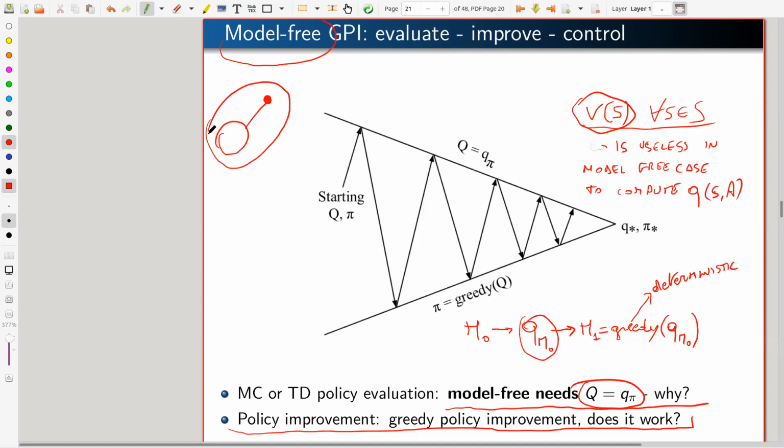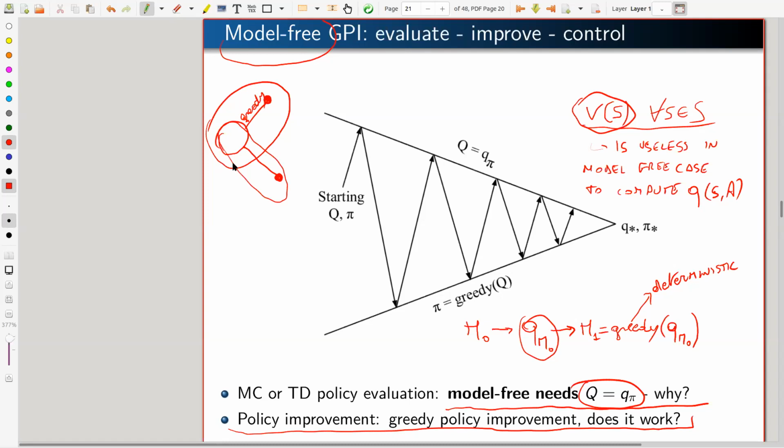Now imagine that your policy, the greedy policy here, is choosing always this action. This is the greedy action. Then it means that in this evaluation phase, you will never visit this node. You will never visit this action.